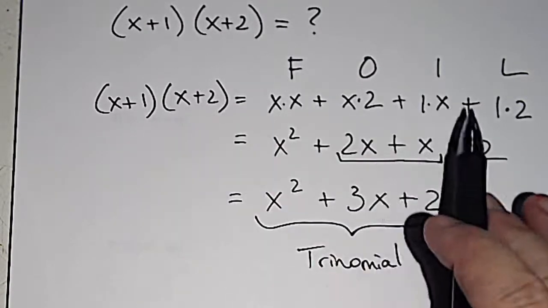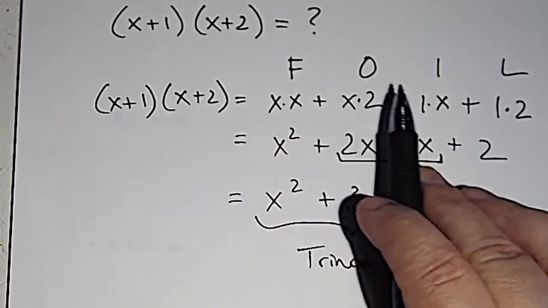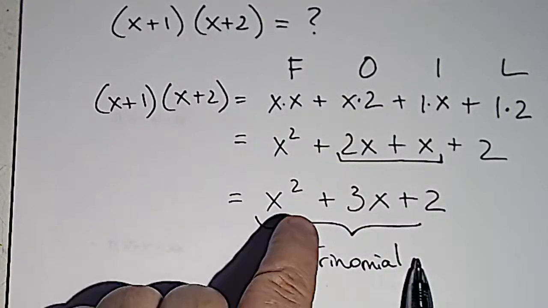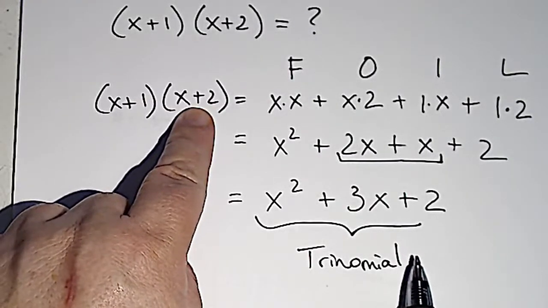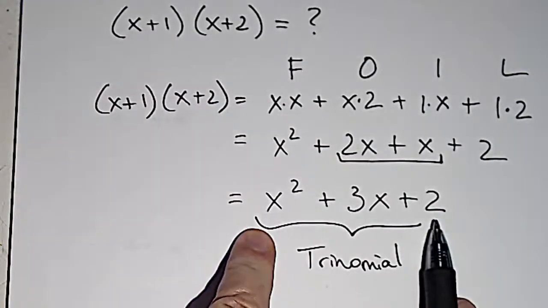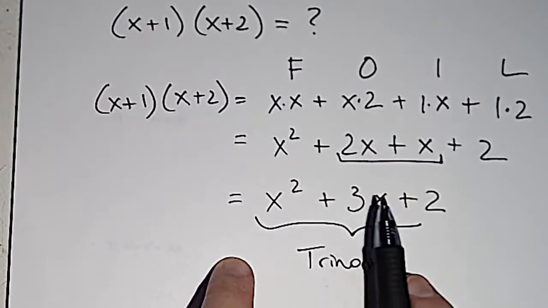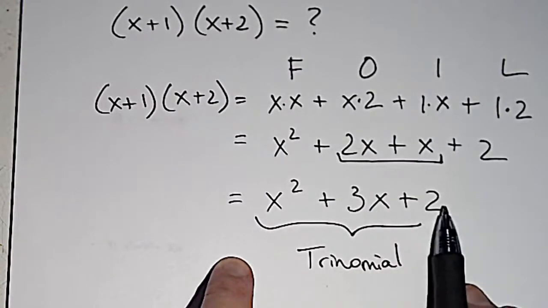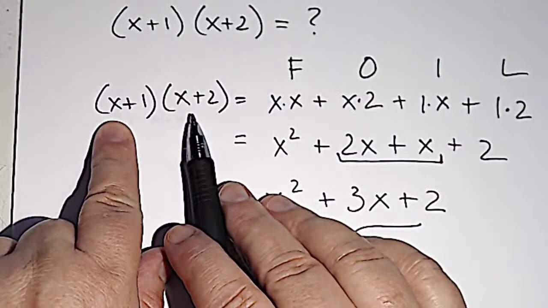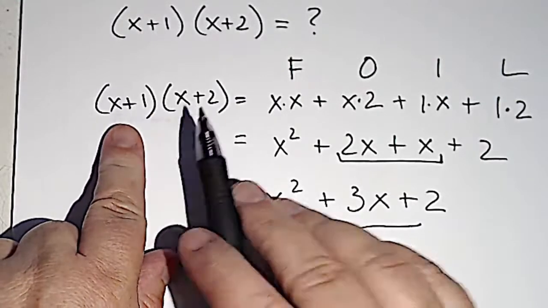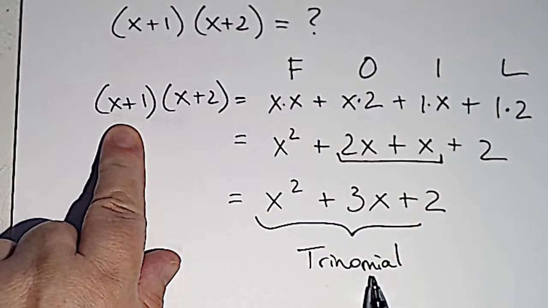If you take a look at what happens, the multiplication that got us to the trinomial involved two binomials. So that's what we're going to focus on. When we get a trinomial of the form x squared, then an x, and then a number, we're going to look for a pair of binomials which multiplied together give us this trinomial.